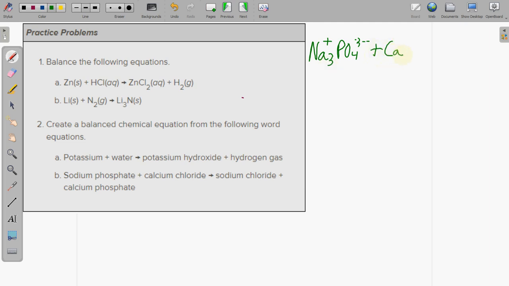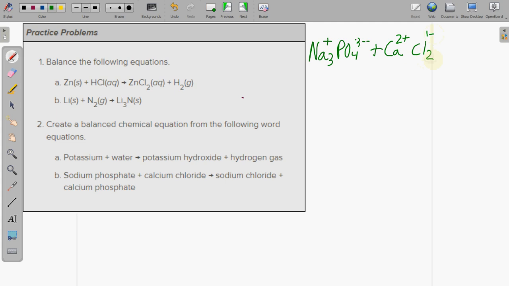Right? Calcium is group 2, so that means it is a 2 plus. Chlorine is group 17, so that is a 1 minus. But it doesn't add up to 0, so we need 2 chlorines.